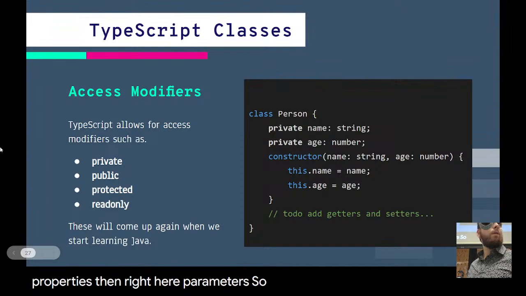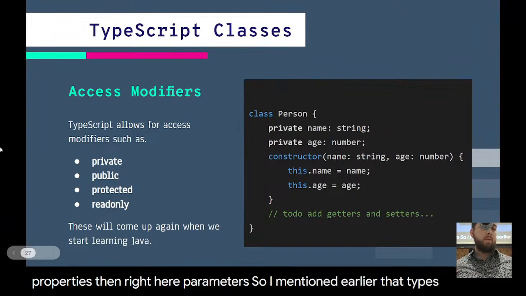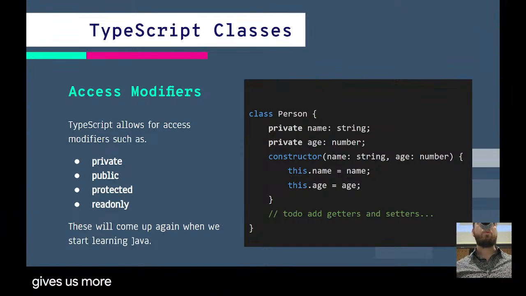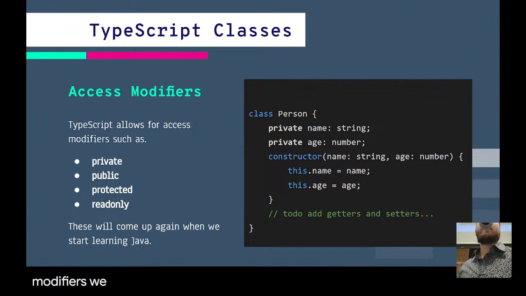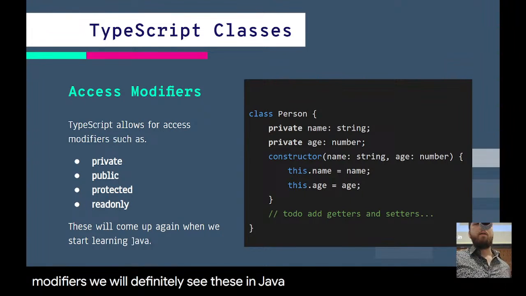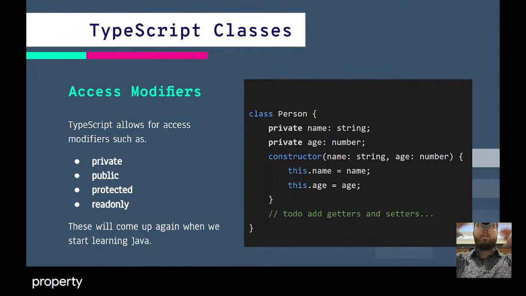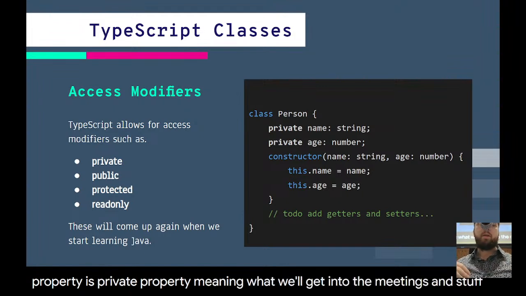So, mentioned earlier that TypeScript gives us more tools to work with objects. And so it introduces things like access modifiers. We will definitely see these in Java. And so things like, we could say that if a property is a private property, meaning, well, we'll get into the meanings and stuff probably in later lessons.